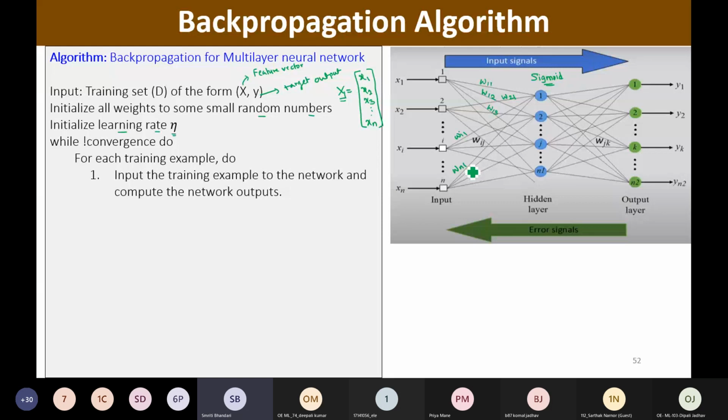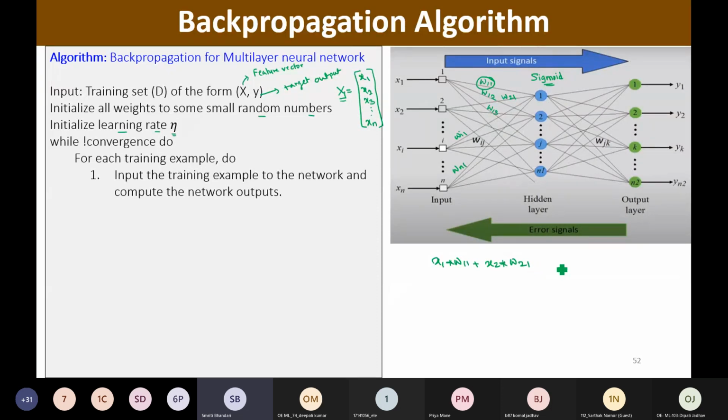So for this sigmoid unit, what I am having as the inputs: x1 multiplied with this W11, x1 into W11. Now what is the other input? x2 with the weight W21, so plus x2 into W21 and so on.